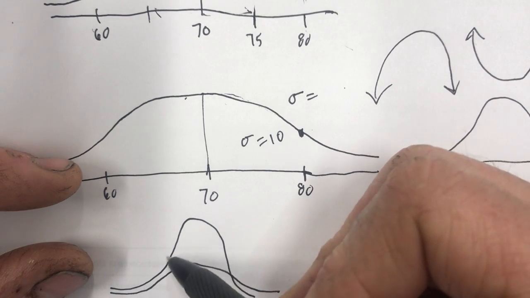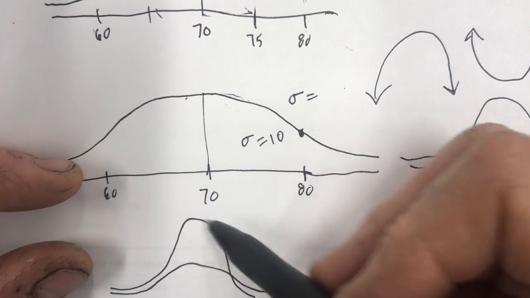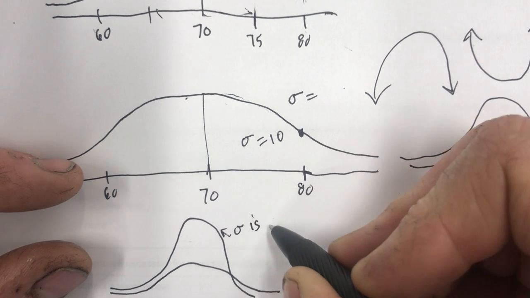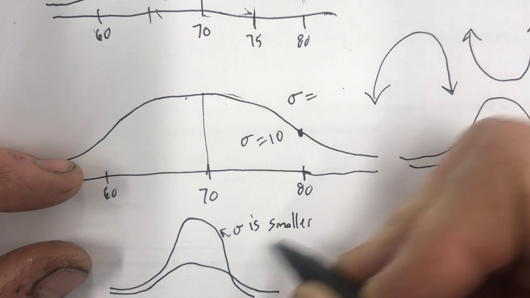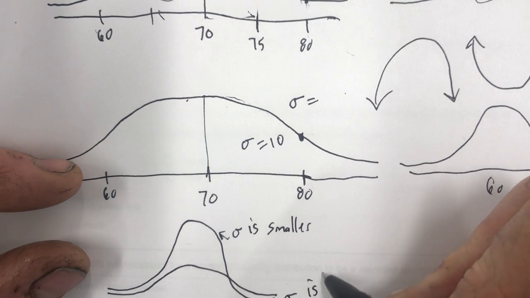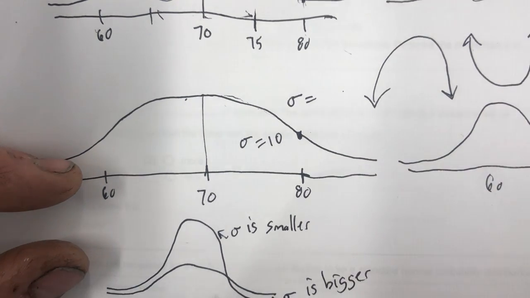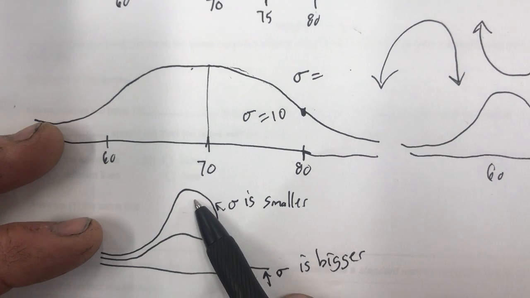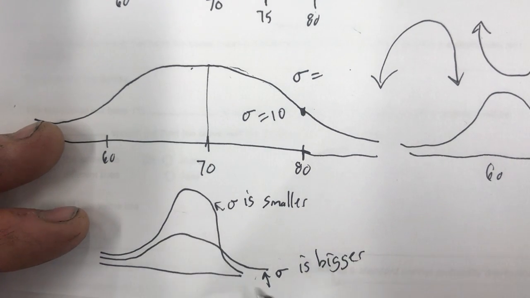This one gets taller because the standard deviation on this one is smaller, whereas on that one, the standard deviation is bigger. Since the standard deviation is bigger, it spreads it out, whereas when it's smaller, it makes it taller and skinnier.